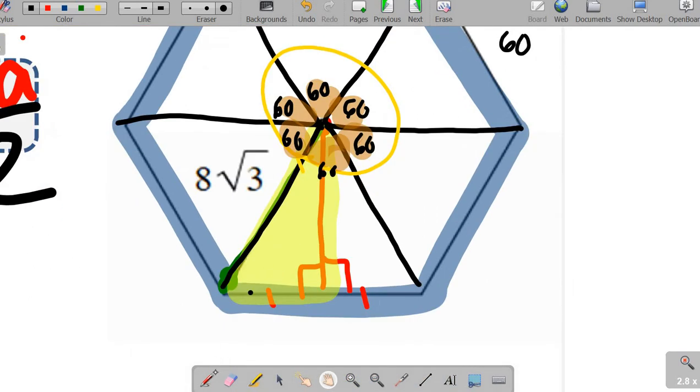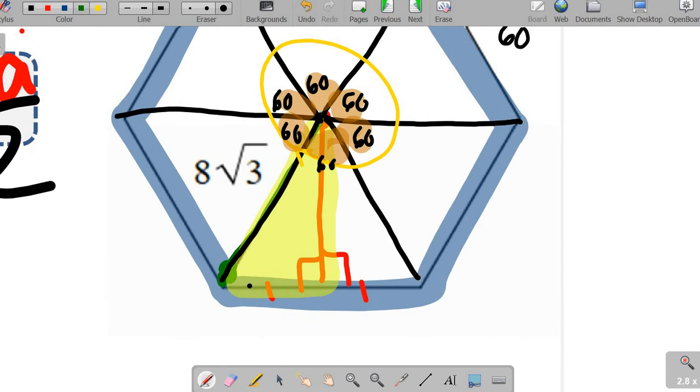Now we're going to focus in on here. And since these sides are equal, that means this is 30. And oh, wow, you should almost be breaking out into song and dance here, folks, because we have ourselves a 30, 60, 90. Short leg, root 3, short leg times 2.